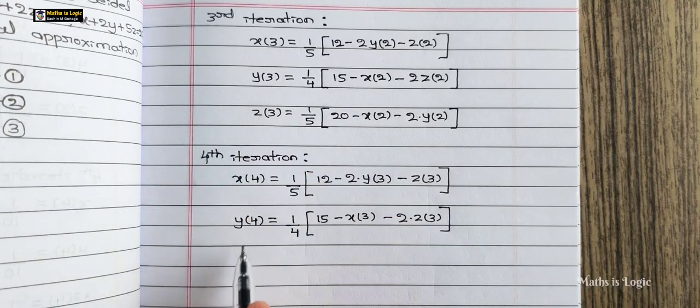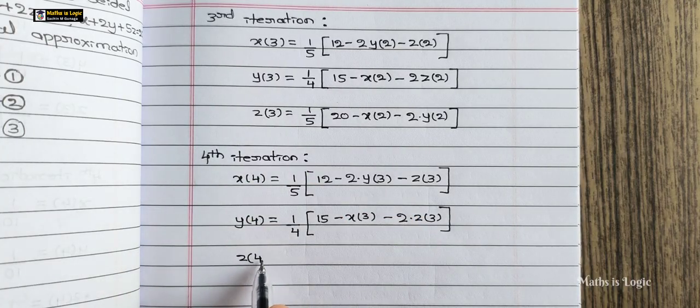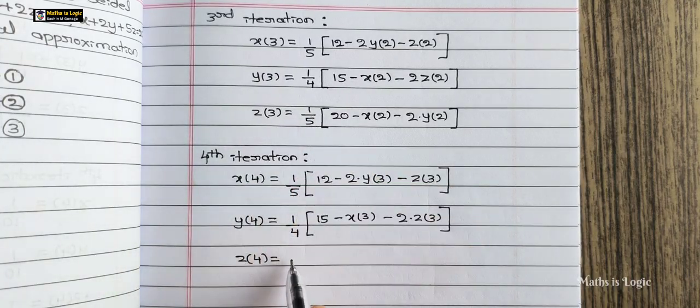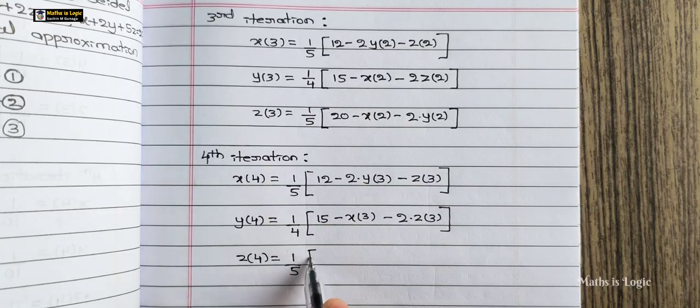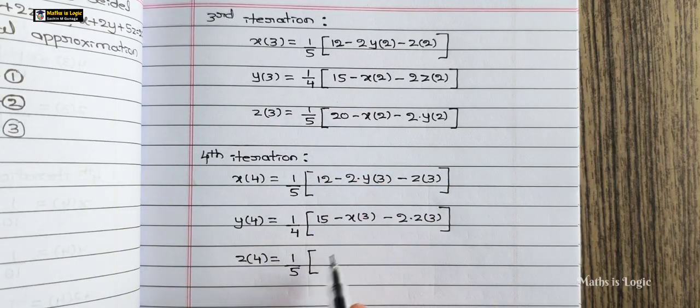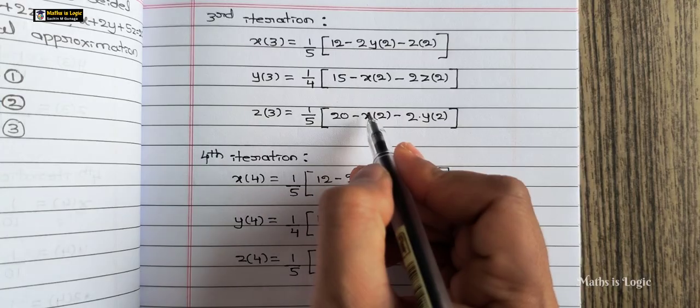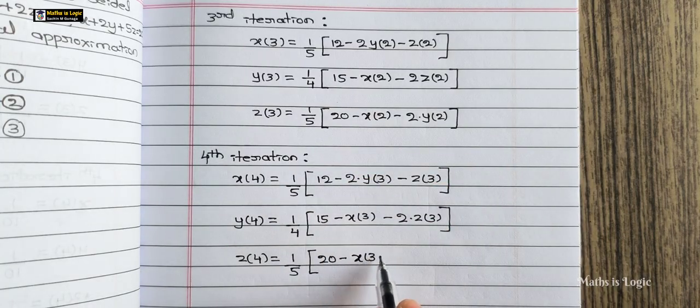Next z of 3 becomes z of 4 is equal to 1 divided by 5 into bracket 20 minus x of 3 minus 2 into y of 3.